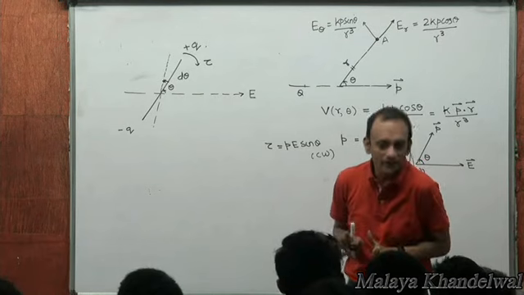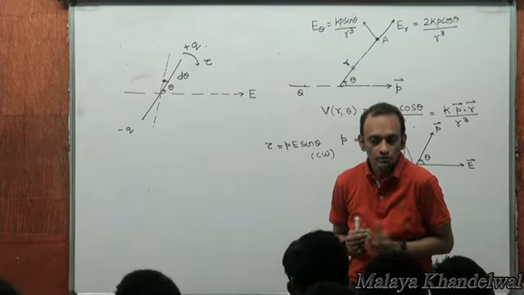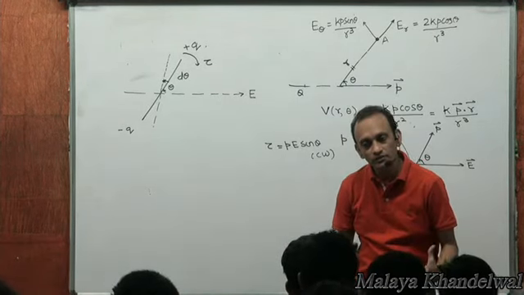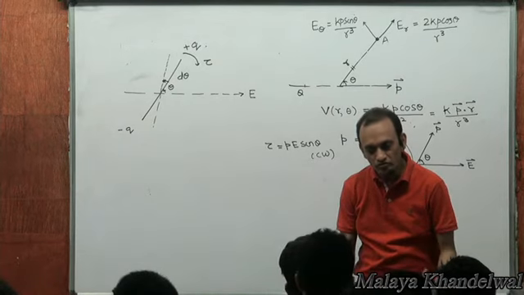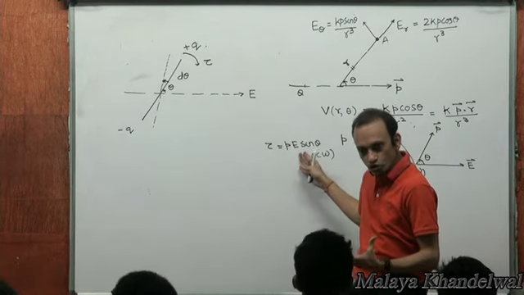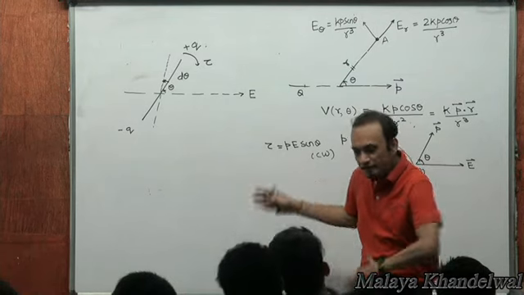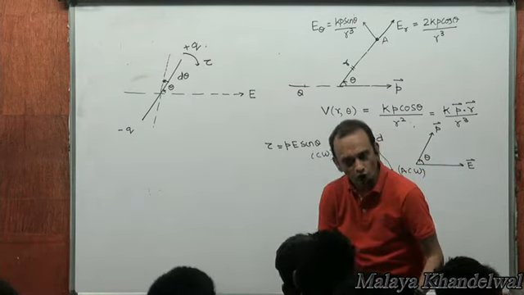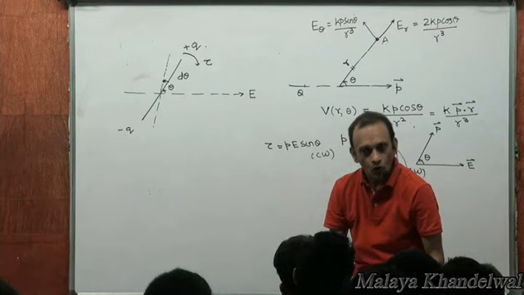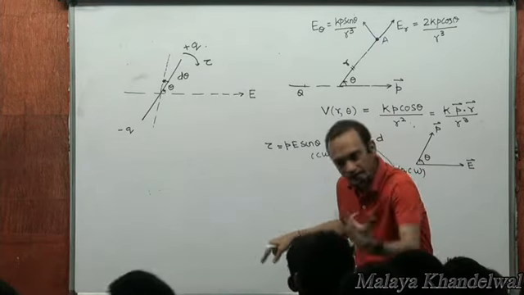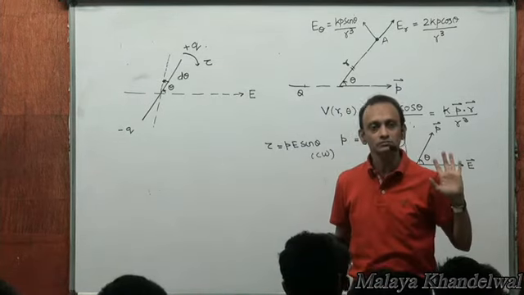I'm saying work done by the electric field means work done by the forces of the field. But those forces of the field have translated into a torque. So either I use the forces to compute the work done, or I use the torque to compute the work done. That's going to be the same. It does not matter.